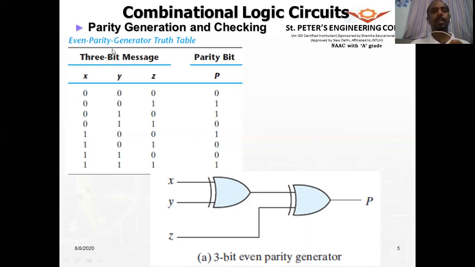We call this a parity generator, because it is a simple function of a 3-input XOR gate, and it works as a parity bit. That means it generates a parity bit. That is what we are using. The gate realization for the 3-bit XOR gate will be the same. So that is what we have shown here.